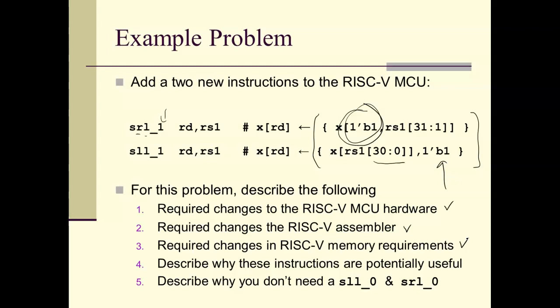I'd actually have to use a register, which means I'd have to use an extra register to do the shift right, because I can't put in that extra 1 bit on the left side using an immediate value because it's limited to 12 bits.